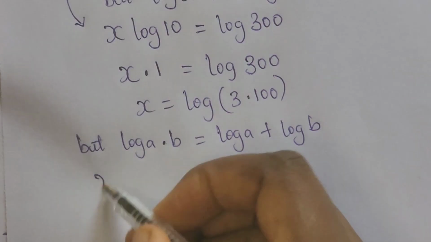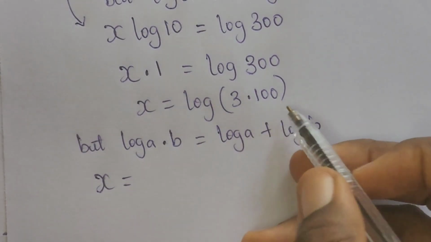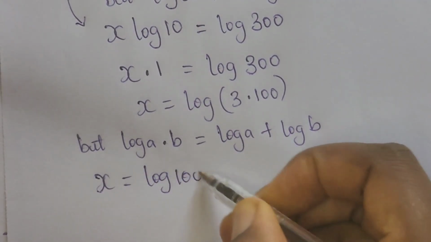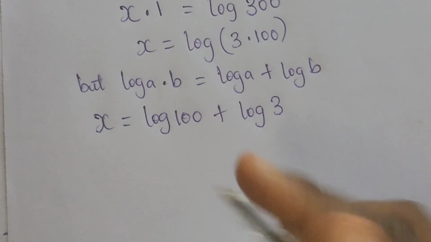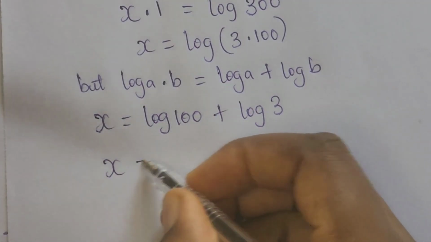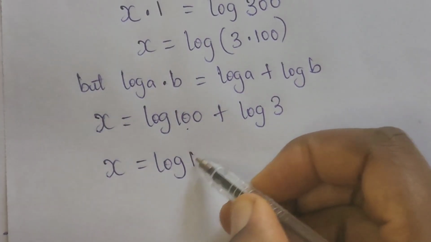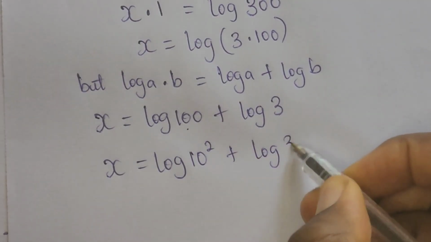So from here x is equal to log of 3 plus log of 100. So we have log of 100 plus log of 3. So we have x equal to, and 100 can be written as 10 to the power of 2, plus log of 3.